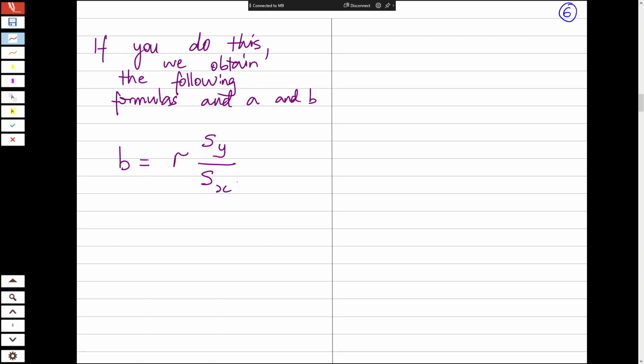There are two numerical variables, so you need to take the standard deviation of one variable and the standard deviation of the other. You need to calculate B first. Once you've got B, then you get A: Y bar minus B X bar.